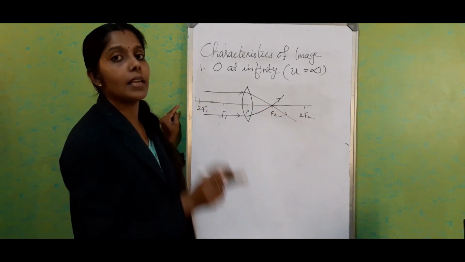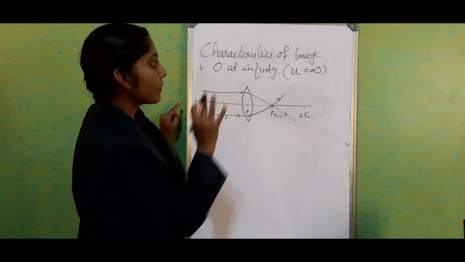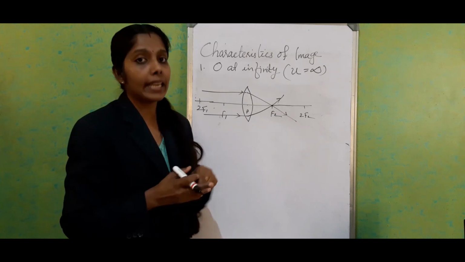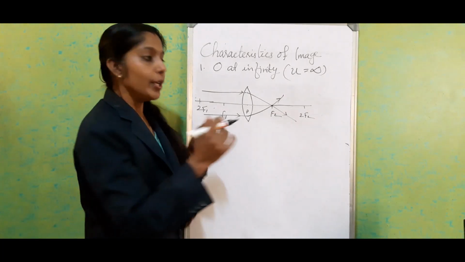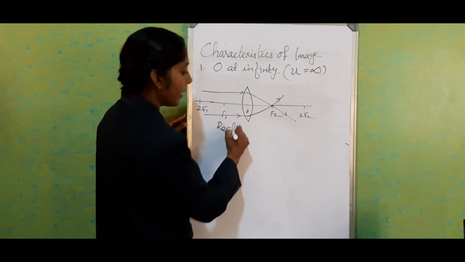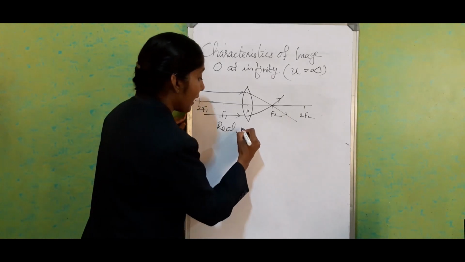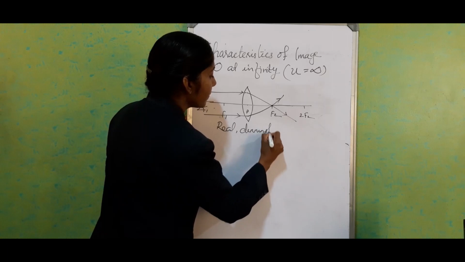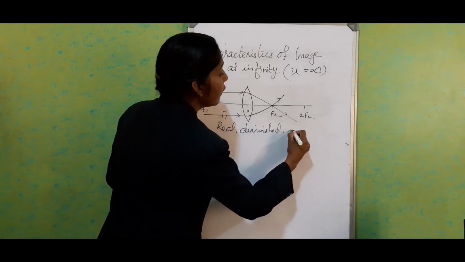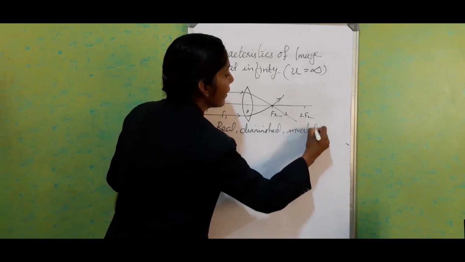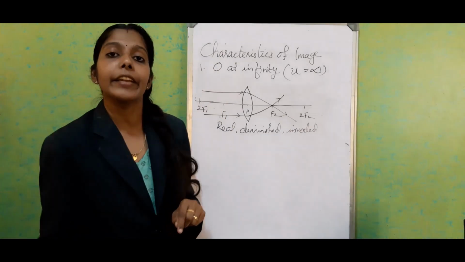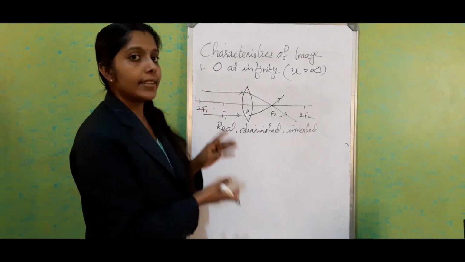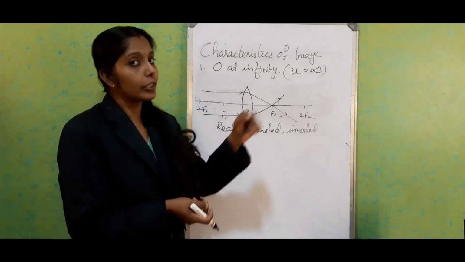If you see the nature of the image, actual rays are meeting at a point, so it is real in nature, very small or diminished, and inverted. We know that real images are always inverted in nature. So this is the case if the rays are parallel to the principal axis.